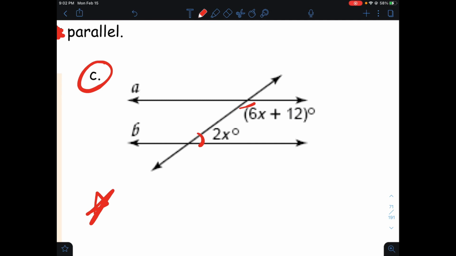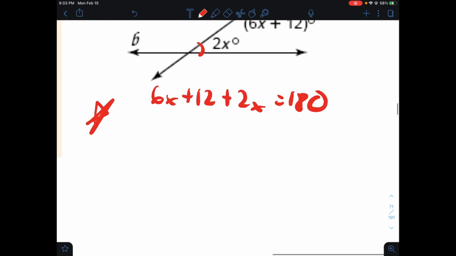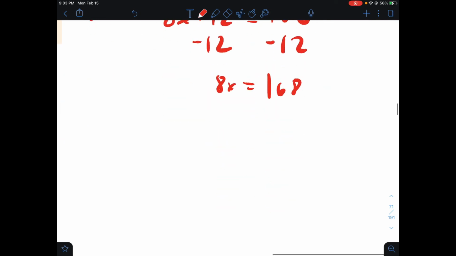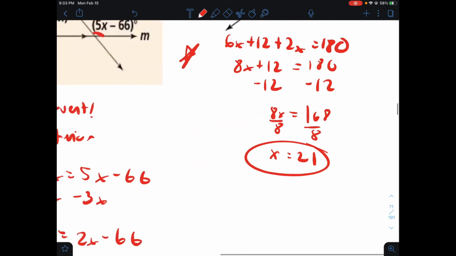We have same side interior angles, which should be supplementary, so we're going to add them up and set them equal to 180. 180 minus 12 is 168. And you should get x is 21.